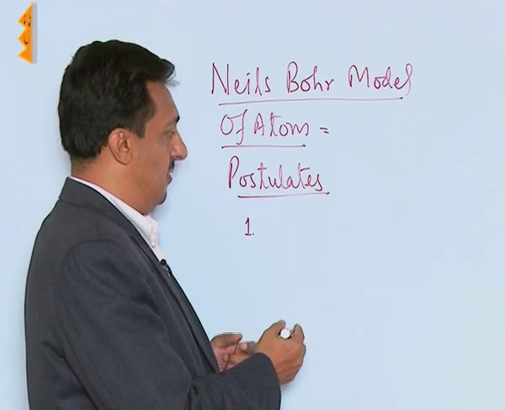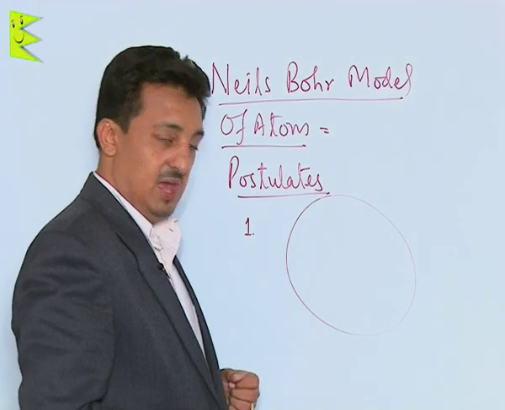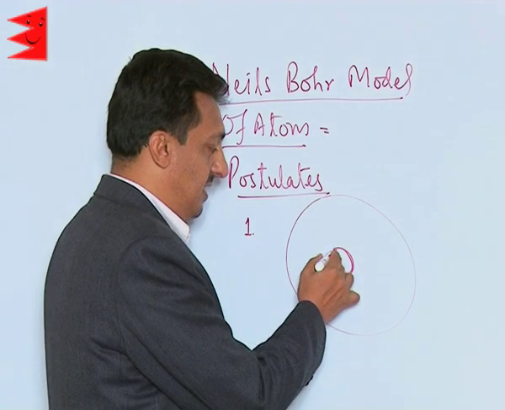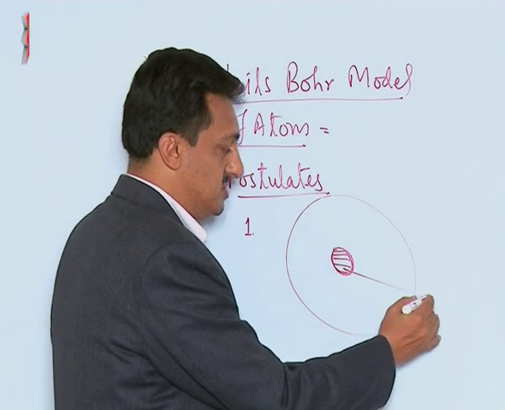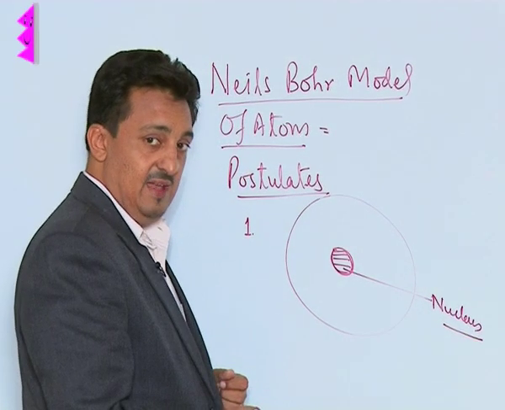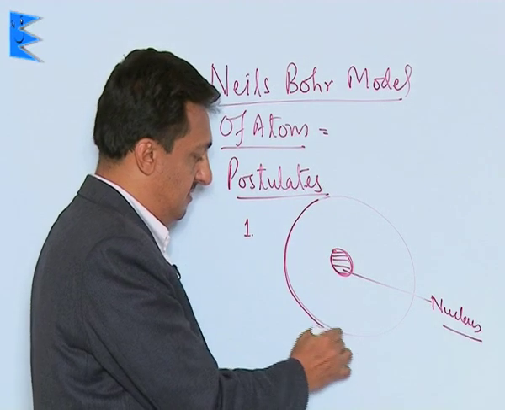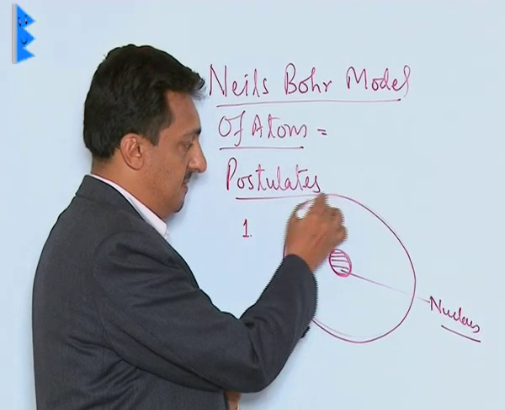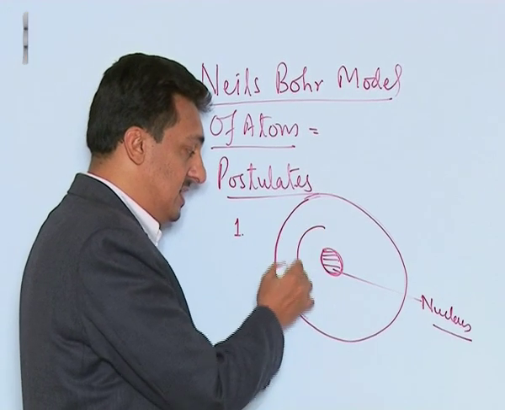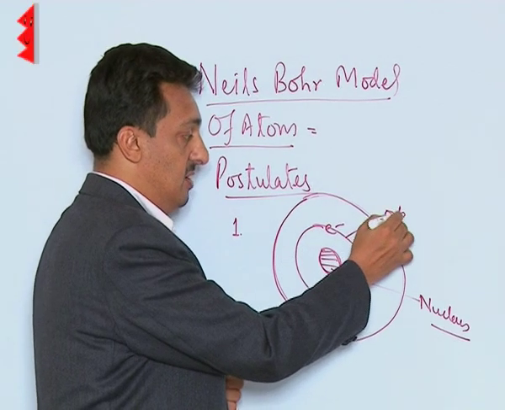that according to Niels Bohr, the hydrogen atom or atoms are spherical in shape, and the whole of their mass and positive charge is concentrated in a very small space called the nucleus, and the electrons are present around this nucleus in circular paths which are called orbits.